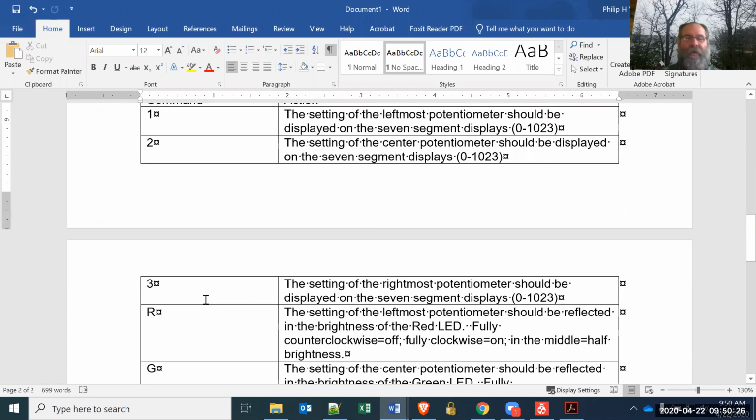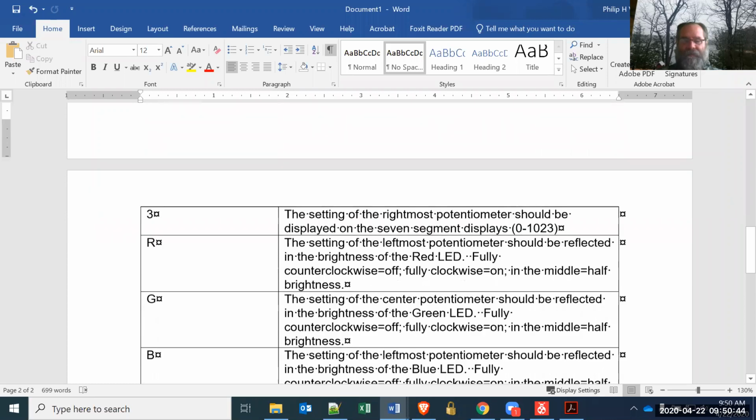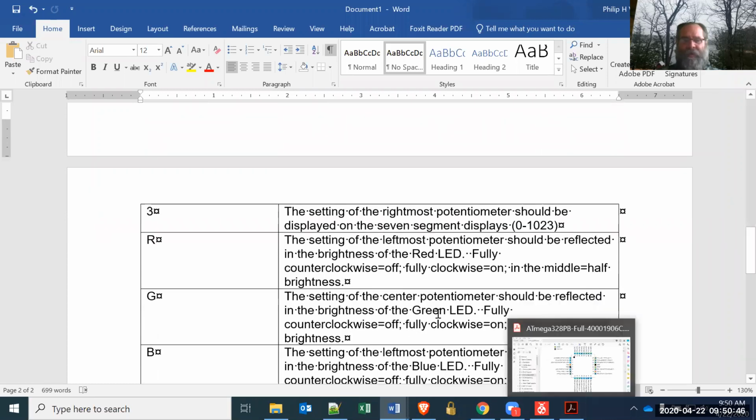And the thing you don't have is a way to set the brightness of the LEDs. And that's what we're going to look at right now. I will hopefully finish this up this afternoon and put it on the M drive. And that will be your last lab.